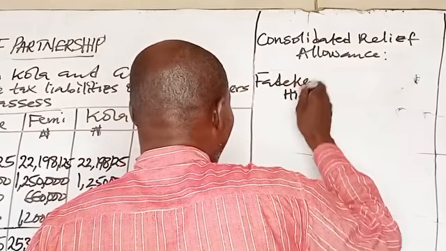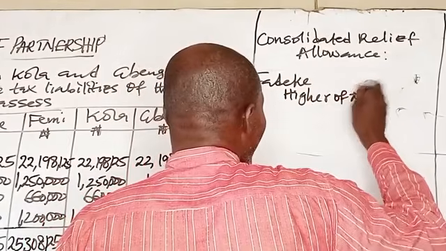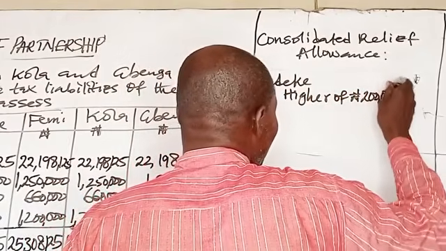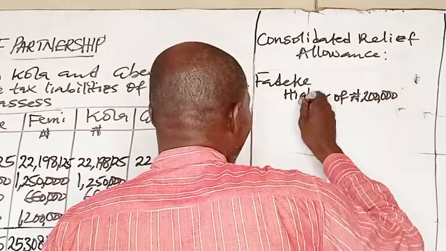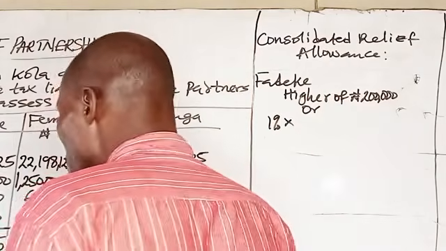is the higher of 200,000 naira or 1% of gross income. How much is the gross income of Fadeke?